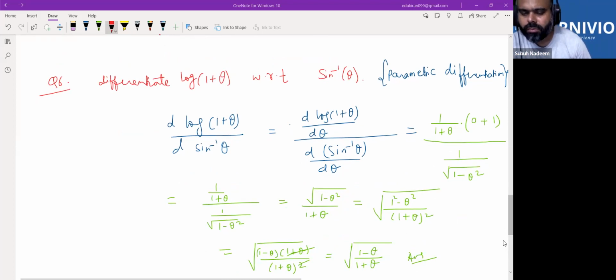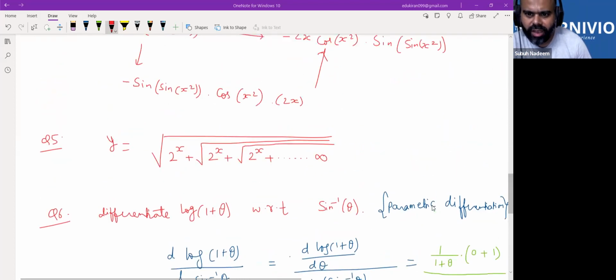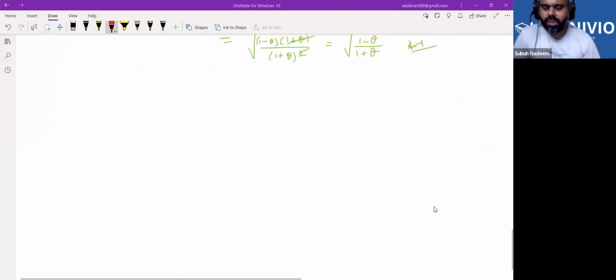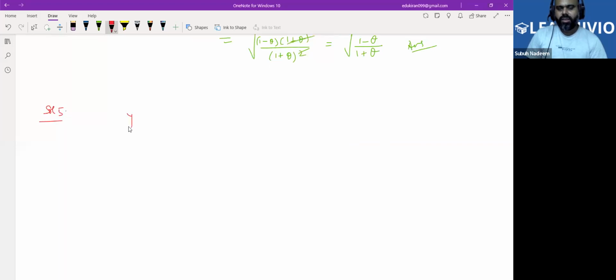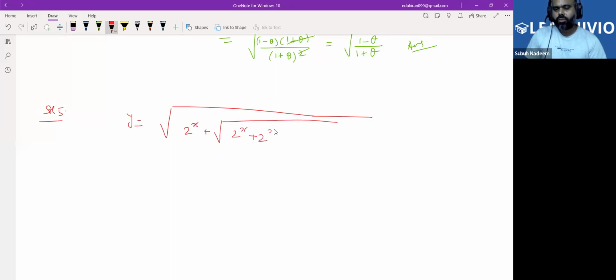Yes, sir. So, we are coming to question number 5. That is basically y is equal to square root of 2 to the power x plus square root of 2 to the power x plus square root of 2 to the power x, and so on till infinity.